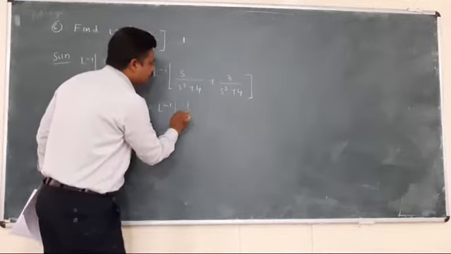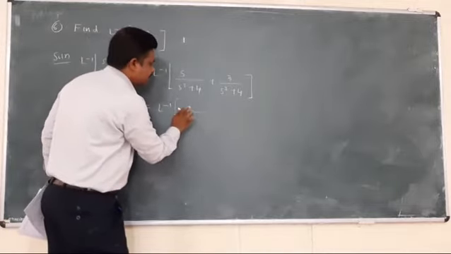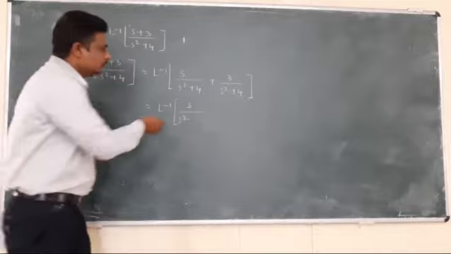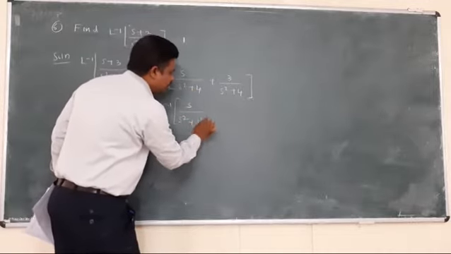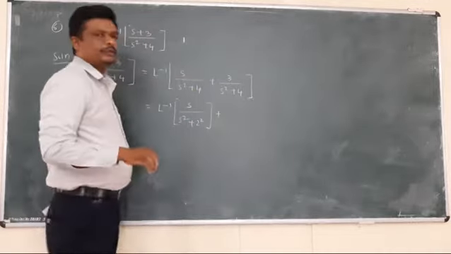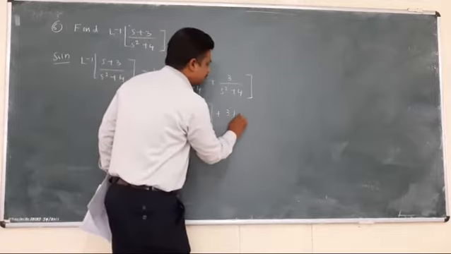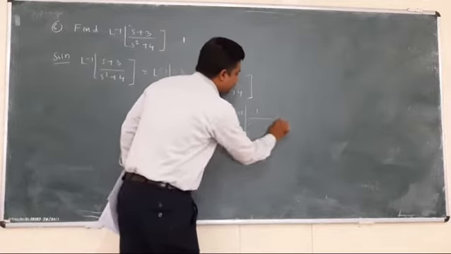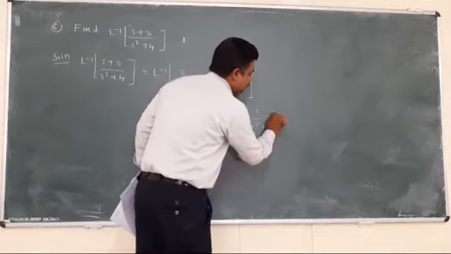L inverse of s upon (s square plus 2 square), and 3 is constant, L inverse of 1 upon (s square plus 2 square).